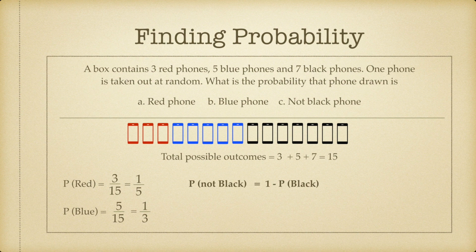Now we can very easily calculate probability of black phone, which will be simply 7 divided by 15, because we have 7 black phones and there are total 15 phones. So we can take 7 over 15 and substitute over here. That will give us probability of not black, which will be simply equal to 1 minus 7 divided by 15, or 8 over 15.